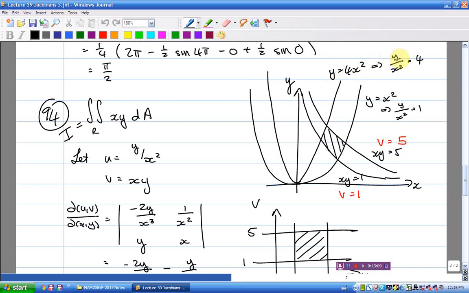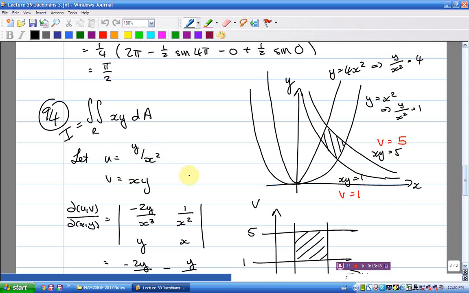We can say y over x squared equals 4 and y over x squared equals 1, and now we have our 2 parabola equations following the same pattern as our hyperbola equations. Variables equals number, same variables equals different number. And so I've made the transformation of u equals y over x squared, and that goes with those two, and v equals xy, and that goes with these two.